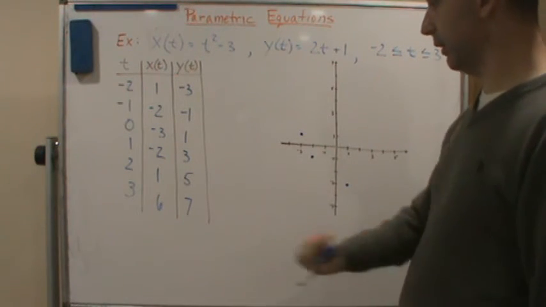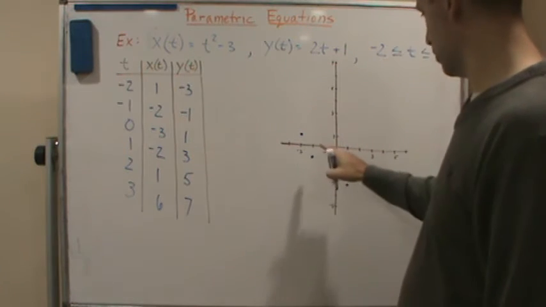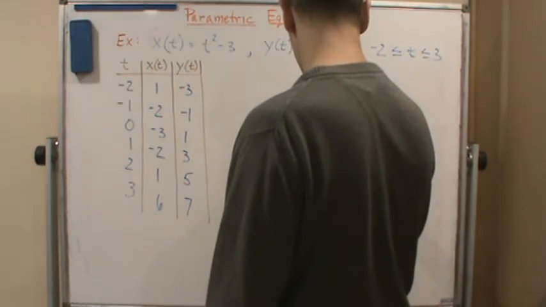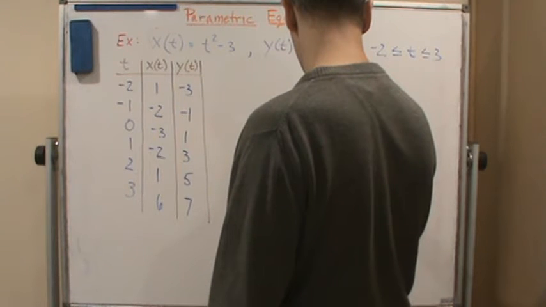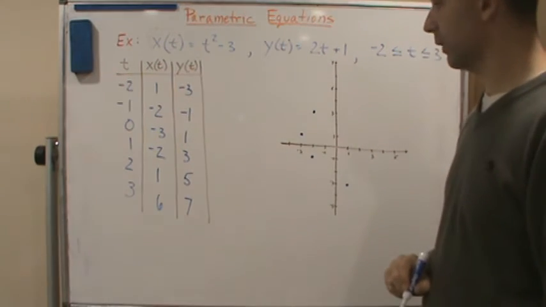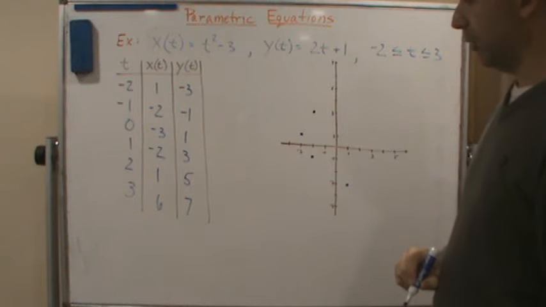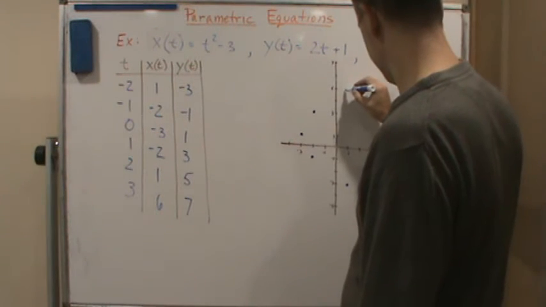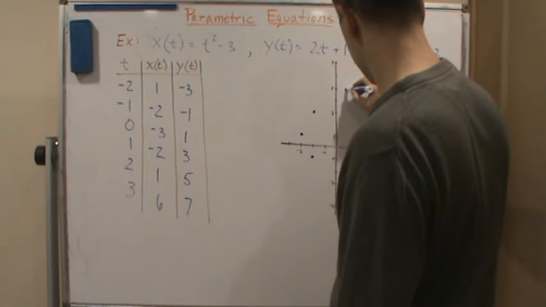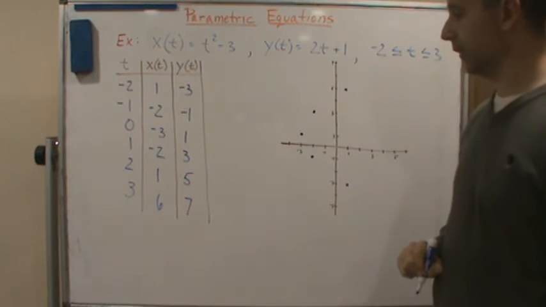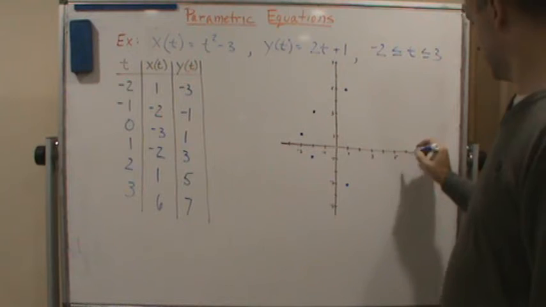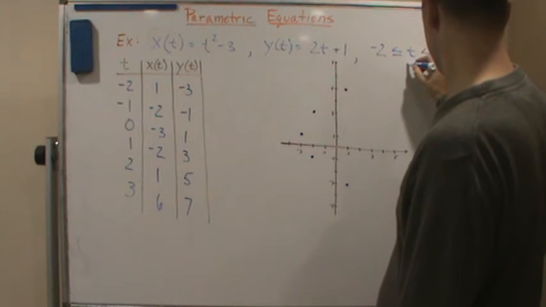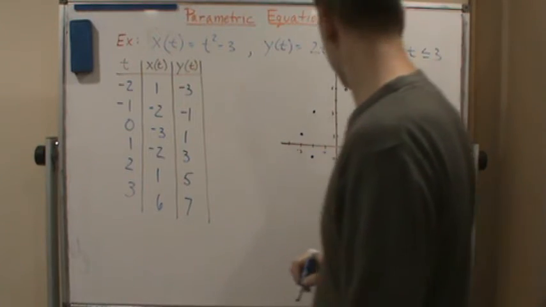And then -2, 3. -2, 3 is right about here. Okay. And then 1, 5 is right here. And then 6, 7 is right about there.